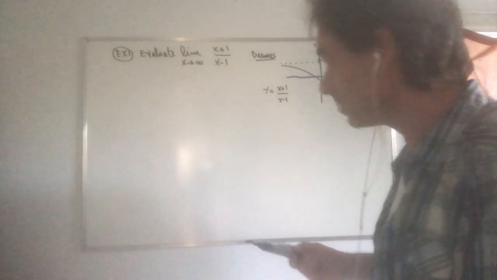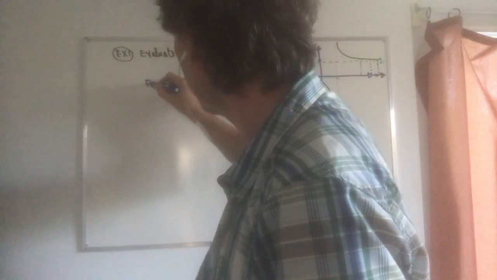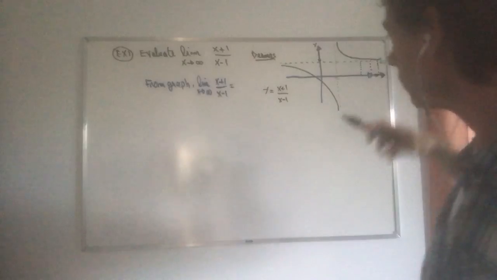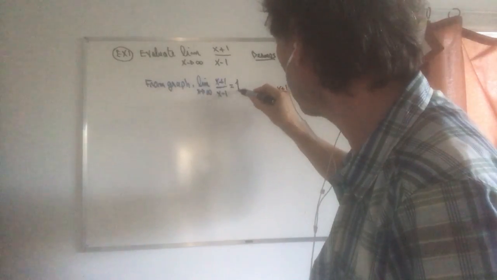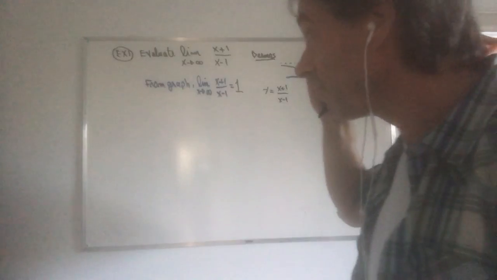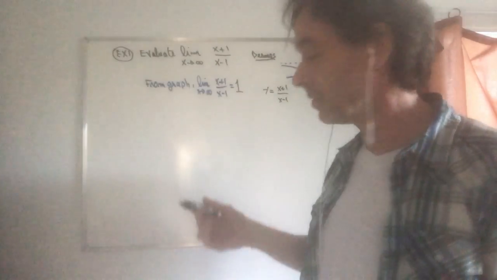So from the graph, I can tell the limit as x goes to infinity of x plus 1 over x minus 1 is equal to the horizontal asymptote, 1. So if you have the graph, it's not very difficult to read the answer to this.